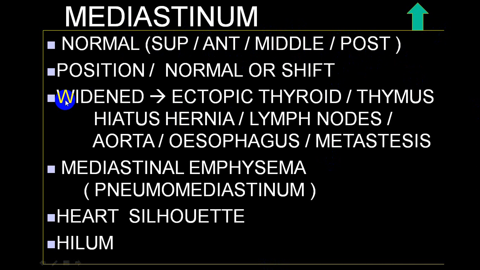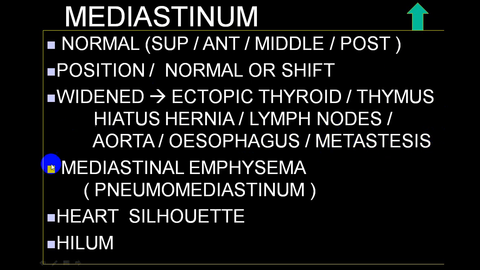So any widening of the mediastinal shadow area will suggest different conditions like ectopic thyroid, or retrosternal thyroid, or a thyroid goiter which has extended from the neck region into the chest, or thymic tumors, hiatus hernia, lymph nodes, or it is related to the aorta like aortic aneurysms, esophageal pathophysiology, or there is a secondary metastasis, etc.